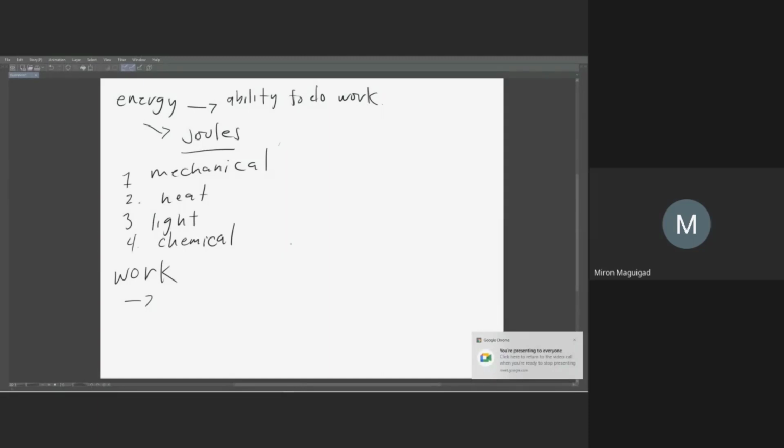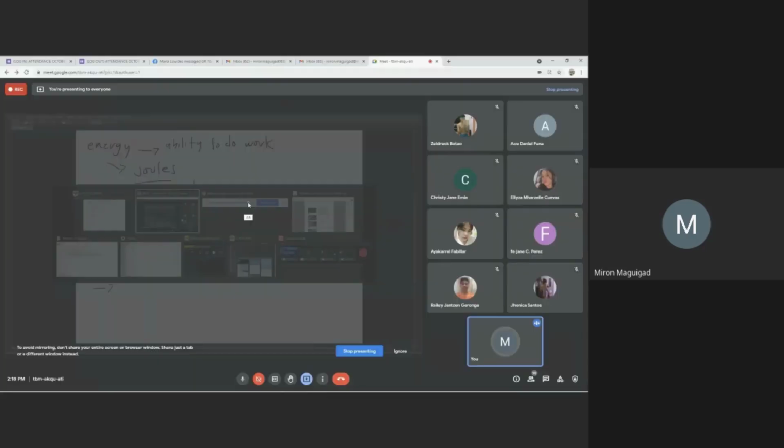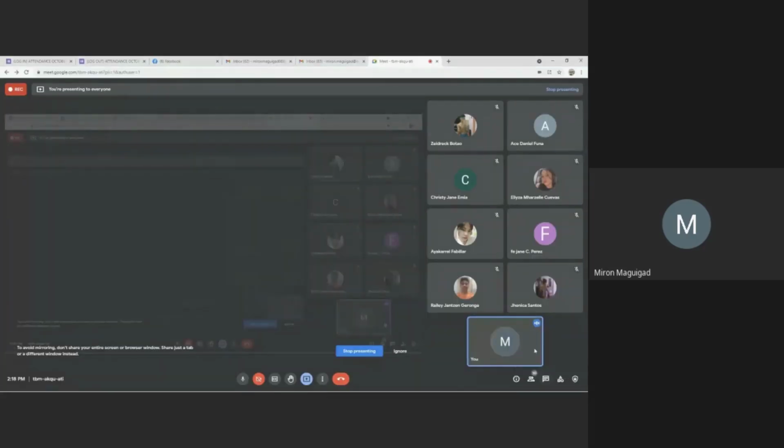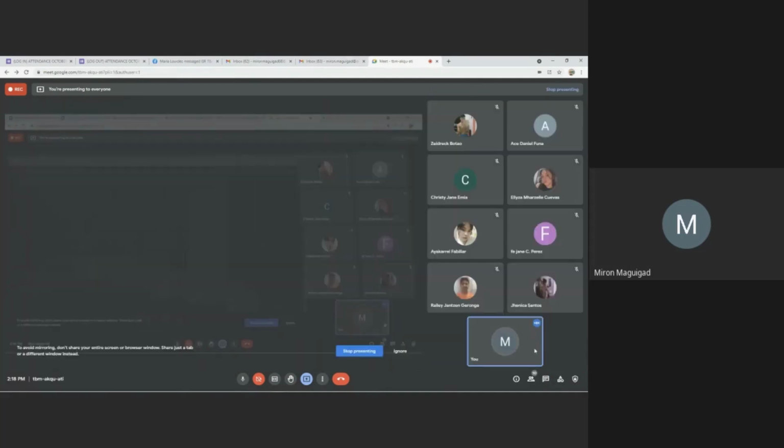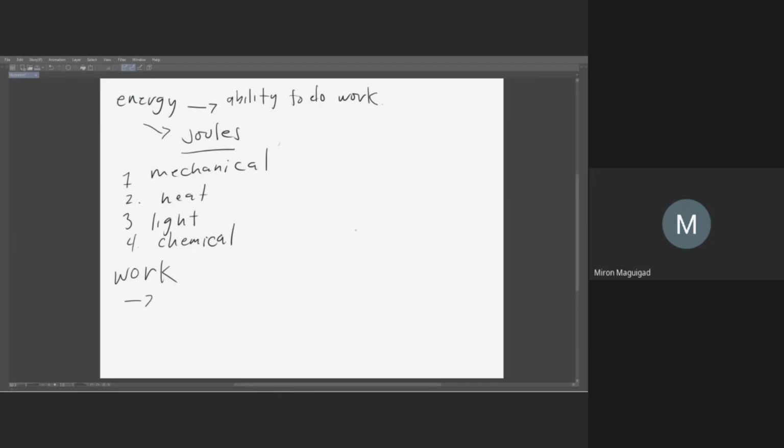In physics, we define work, and this is accompanied by change in energy, which is tama yung sinabi ni Jenica, na kung saan work is done when a force is applied to move an object some distance. The unit of work is joule. In physics, work is an abstract idea.